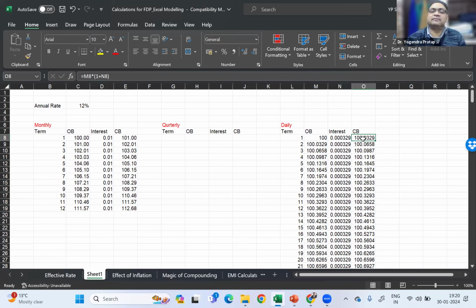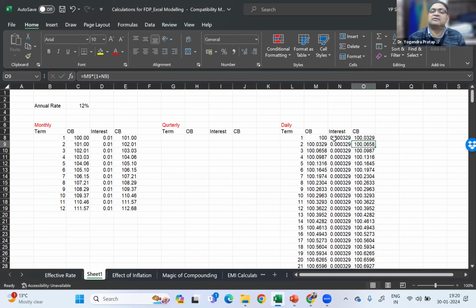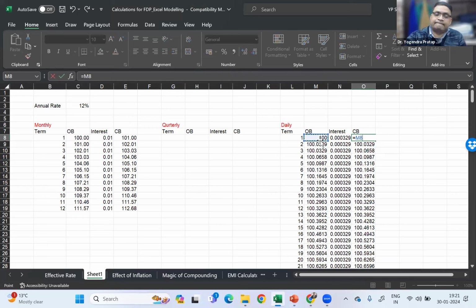Then this is equal to 100 multiplied by 1 plus this one, 100.3 into this equal to... But it works out to 127.47.